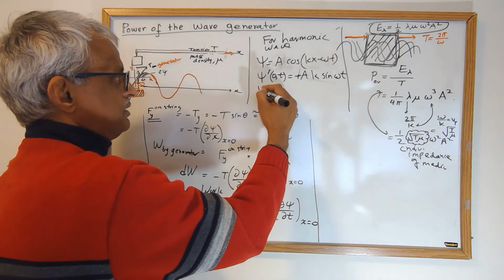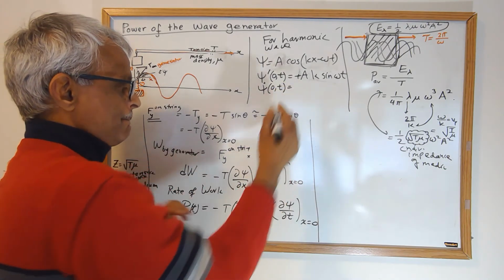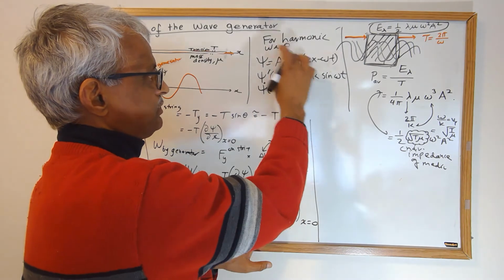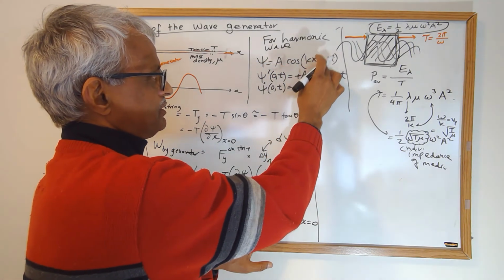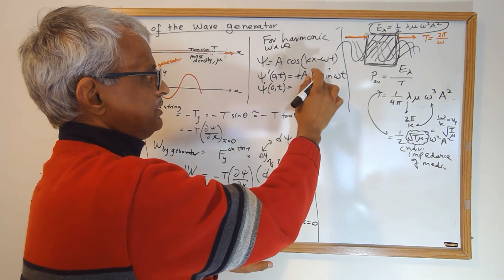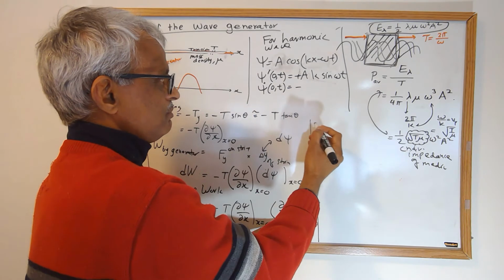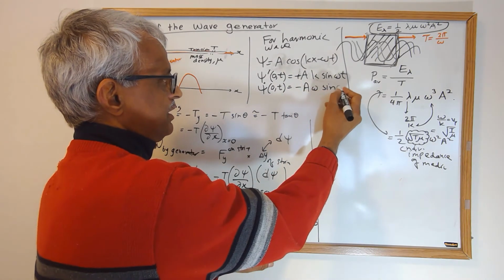And then psi dot at 0, t: the cosine goes to sine, a minus comes out, and when x equal to 0, another minus comes out. So that's minus A omega sine omega t.